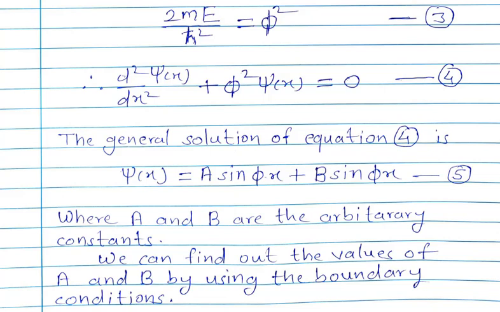Therefore, the most general solution of this equation can be written as psi of x equal to a times sine of phi x plus b times cos of phi x, where a and b are known as arbitrary constants. These constants can assume any values, and we can find their values by using the boundary conditions.